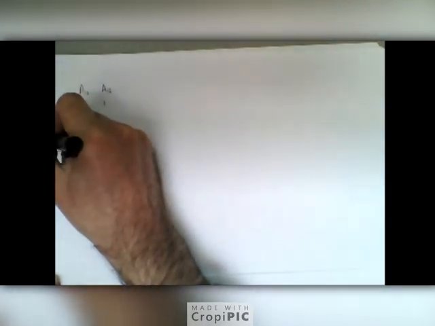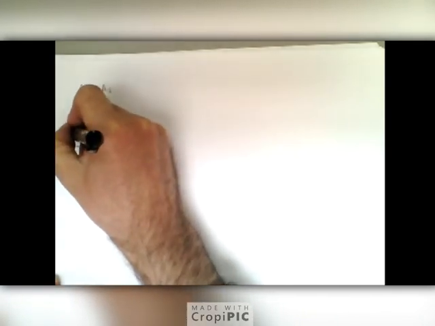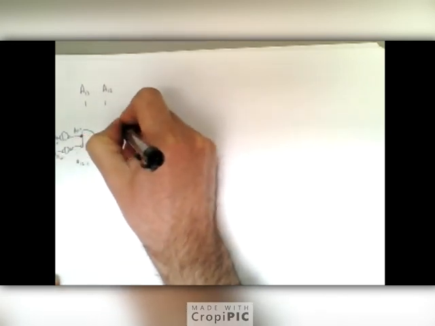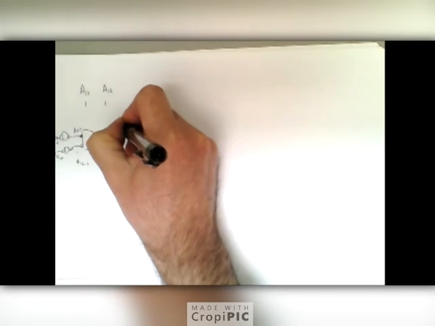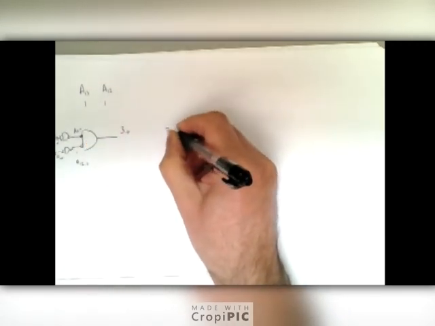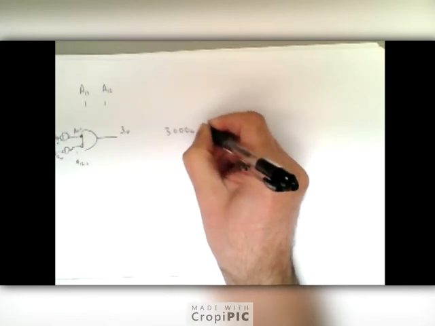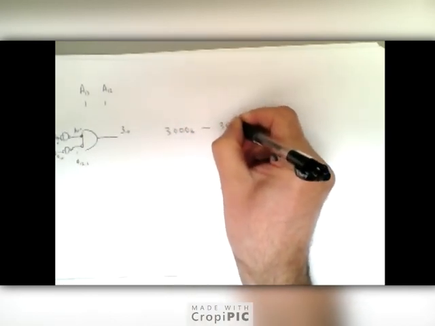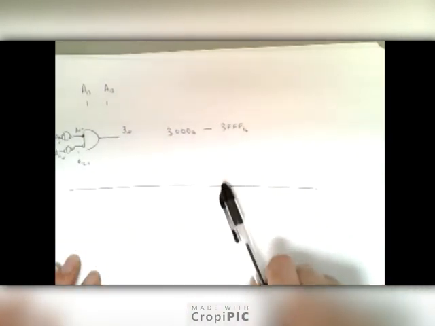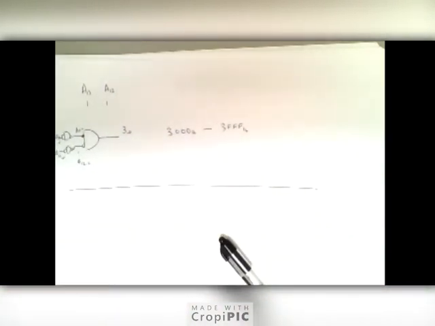So A13 assertive high, A12 assertive high. This is A13 assertive low, A12 assertive low, and the output there. Let's label this 3 assertive high, and the address range for this is 3000 base 16 up to 3FFF base 16. So that's it.